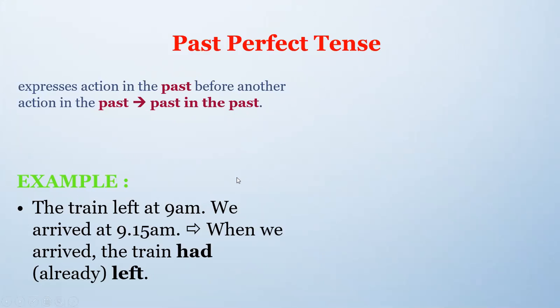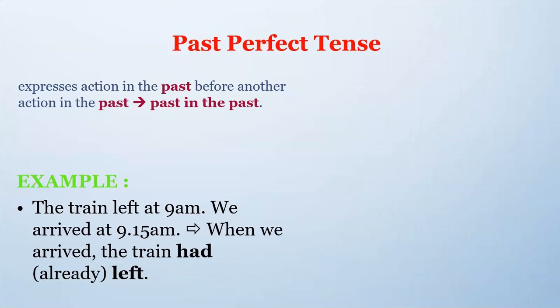I'm going to give you an example here. Again, we are talking about something that happened in the past. The train left at 9 a.m. We arrived at 9:15 a.m. When we arrived, the train had already left. So for example, you were going to a train station yesterday and you missed your train.